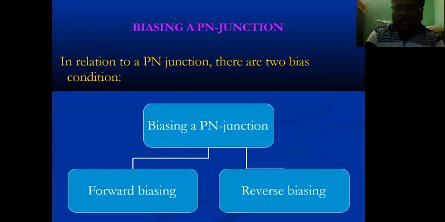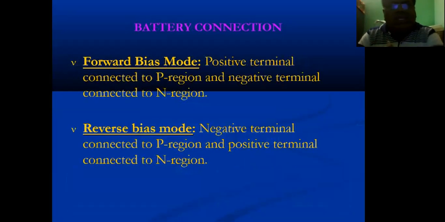Now I'll explain. Here, battery connections. In forward bias mode, every battery, every supply, consists of a positive terminal and a negative terminal. The positive terminal of the battery is connected to the P region.